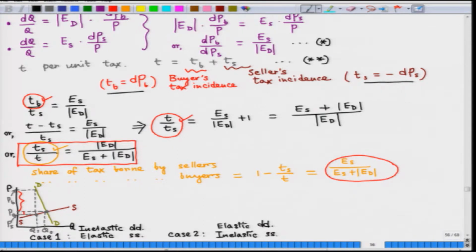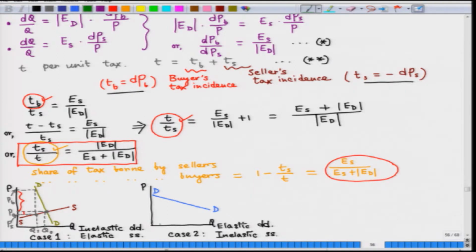So, again we draw a fresh diagram. So, now we are going to draw a relatively elastic demand function, so a demand function which is much flatter compared to the previous demand function. Let me call that DD, the initial demand function, and now we are going to draw a relatively inelastic supply function, right.